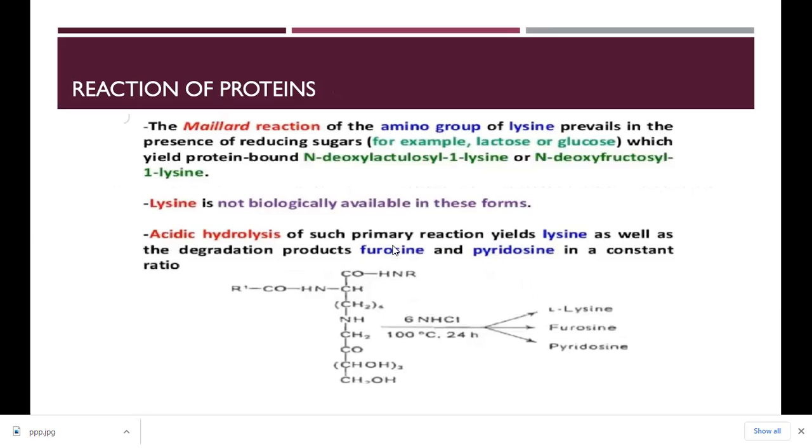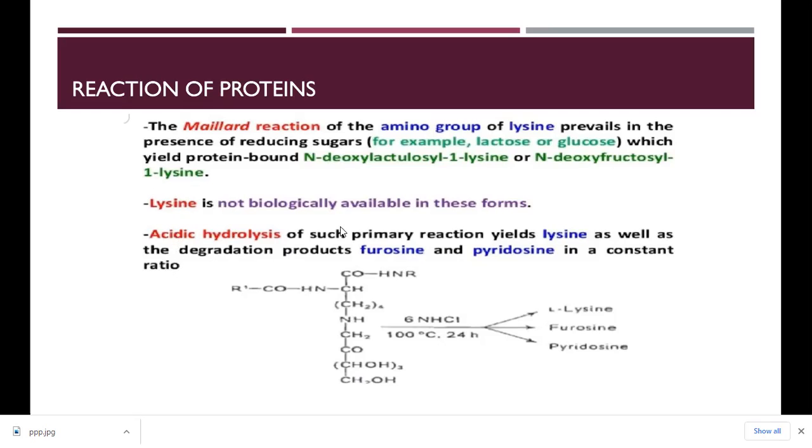Reaction of the protein. The Maillard reaction of the amino group of lysine prevails in the presence of reducing sugars, for example lactose and glucose, which yield protein-bound N-deoxylactosyl-1-lysine and N-deoxyfructosyl-1-lysine. Lysine is not biologically available in these forms.